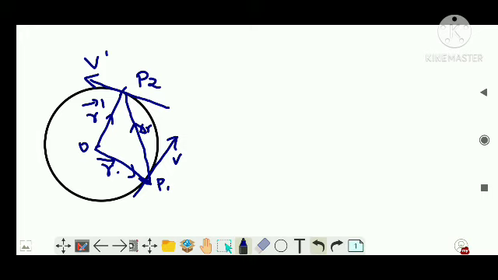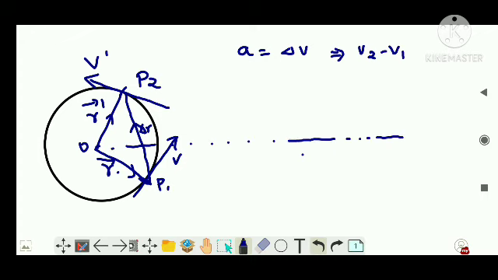Now, the same process which we did in the earlier section we are going to do, just to confirm. Here I am going to draw the direction of V dash. What is average acceleration? The same direction as delta V, that is V2 minus V1, right? Similarly, I'm just drawing a line, guys. You will understand why I'm doing it. So what is V1's direction, or V dash direction? This one.